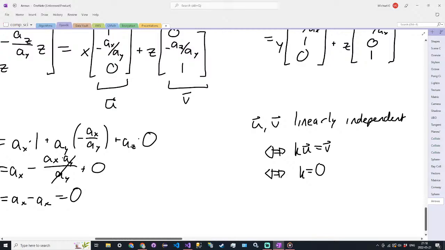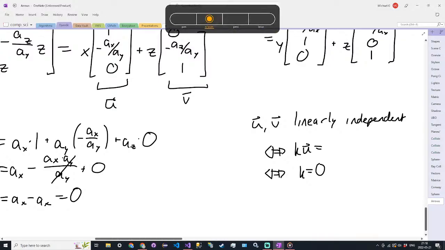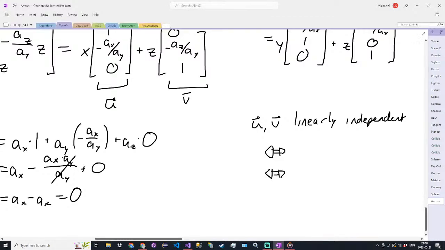So this is the trivial example. Wait. No, sorry. Wrong definition. a times u plus b times v is equal to 0 if and only if a is equal to b is equal to 0. So the only linear combination of u and v that gets us to the 0 vector is the trivial one with 0 constants.